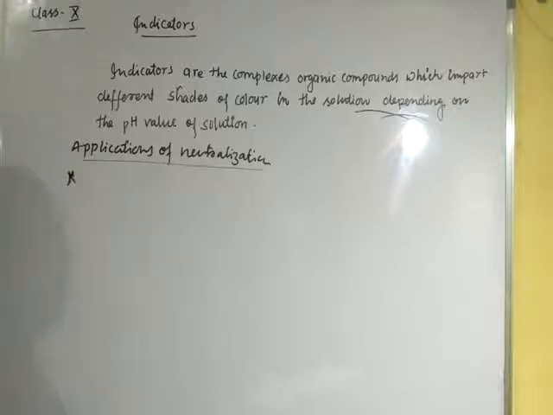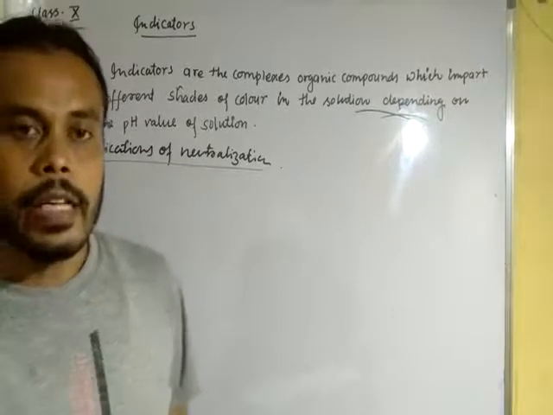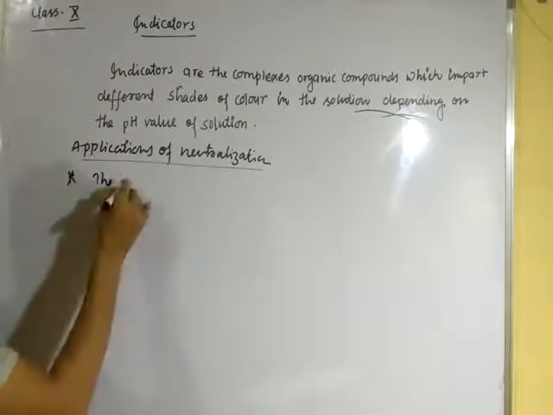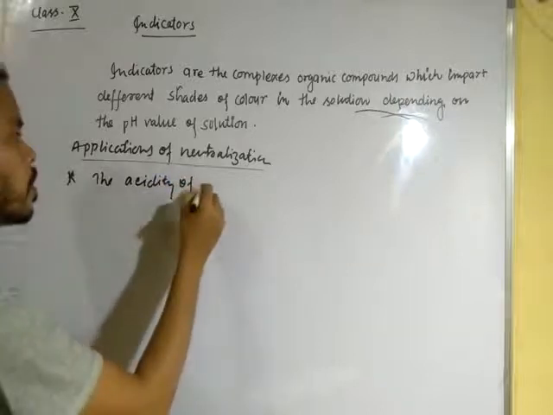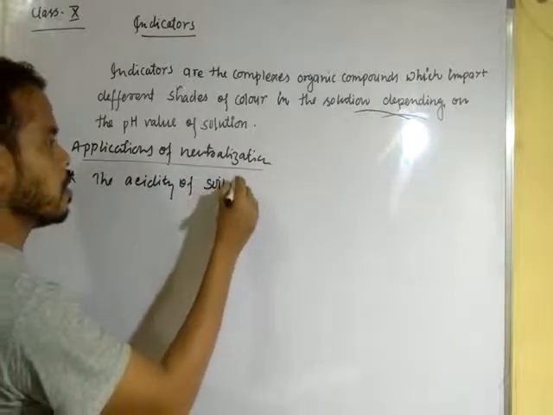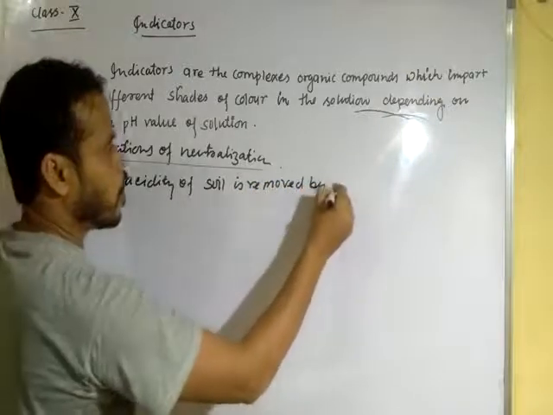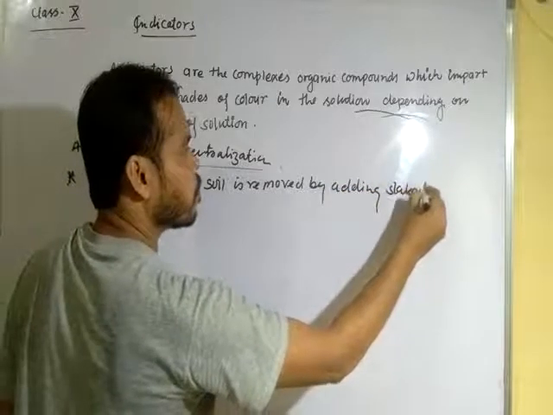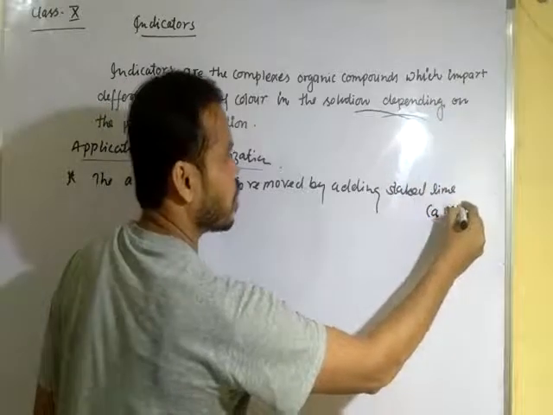First one is: the acidity of soil is removed by adding slaked lime. The formula of slaked lime is calcium hydroxide.